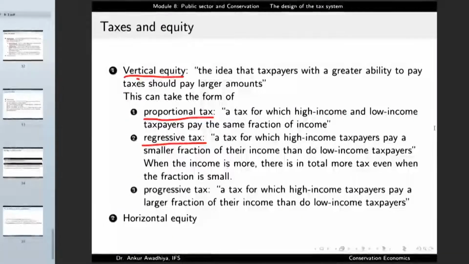And the third tax is known as progressive tax, a tax for which higher income taxpayers pay a larger fraction of their income than do lower income taxpayers.